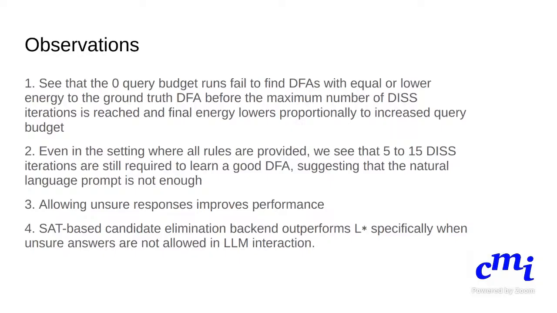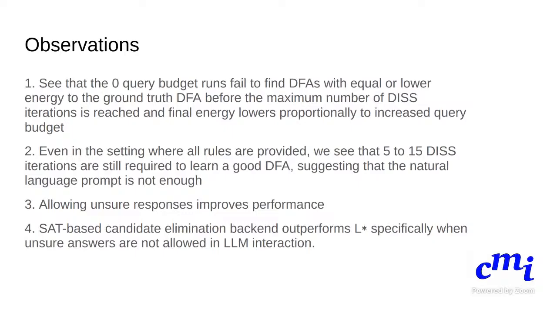And even in the setting where all rules are provided, here we are trying to understand the importance of expert demonstration. Even if all the rules are provided, we need at least 5 to 15 iterations to learn a good DFA as they have defined. That suggests that a natural language prompt is not enough.